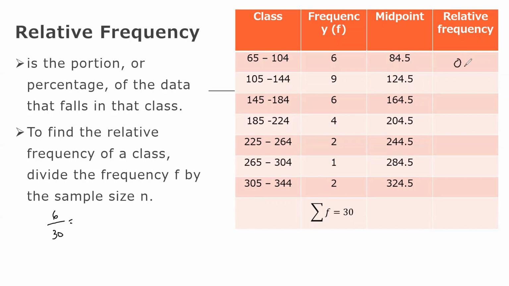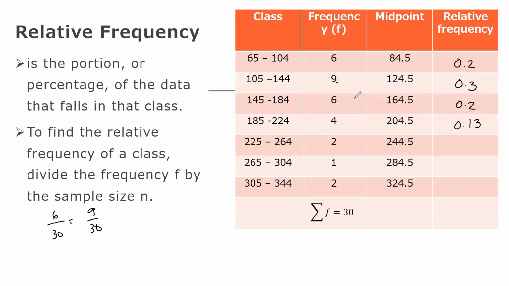So let's write here 0.2. Next is 9 divided by 30, so that is 0.3. Next, 6 divided by 30 again, so this is 0.2. 4 divided by 30, this is 0.13. So just round off to 2 decimal places.